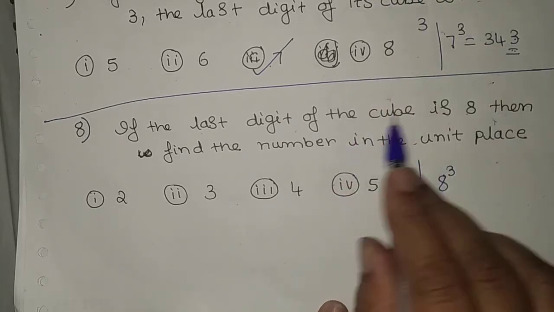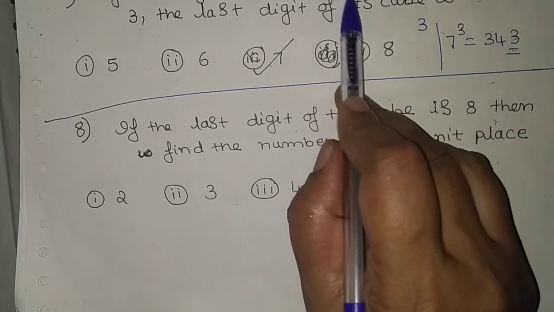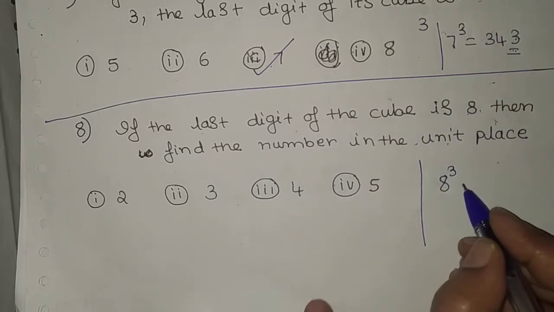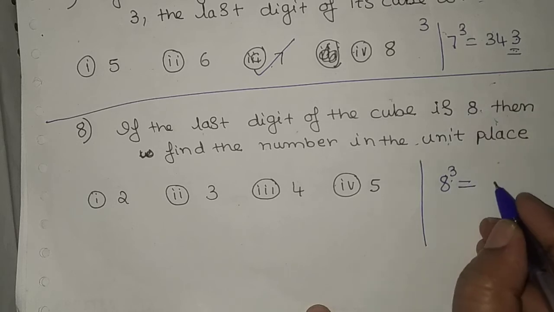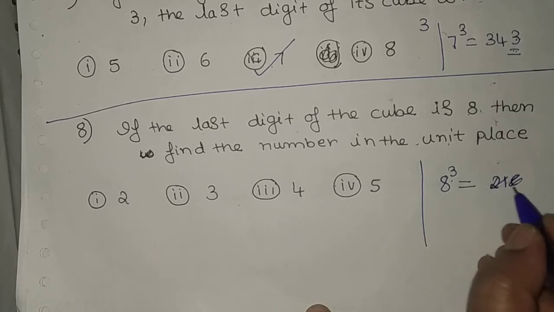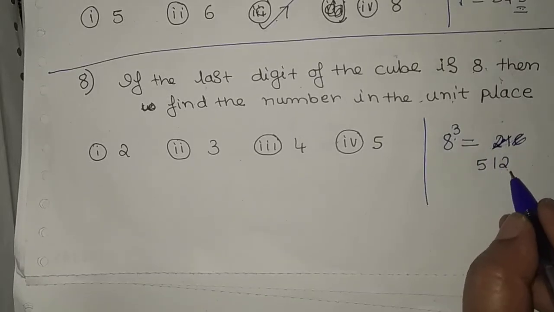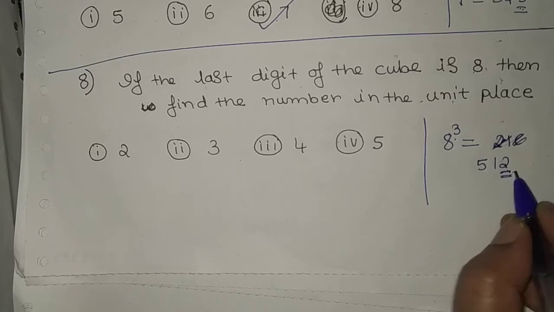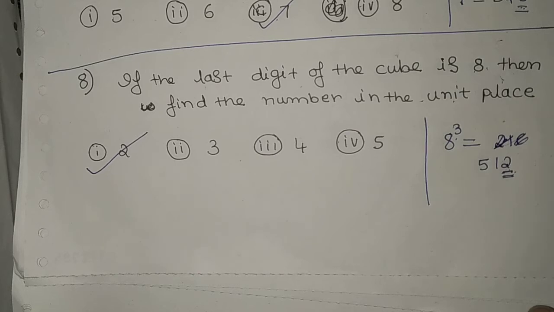Here first the cube is given, then they have asked us to find the unit place. Earlier, the unit place was given first, then we found the cube. Since 8 is given, 8 cube will be how much? That is 512. So 8 cube is 512, and the unit place of this number will be 2. So option 1 is the correct answer.